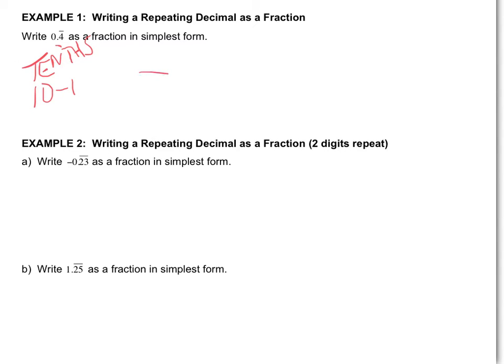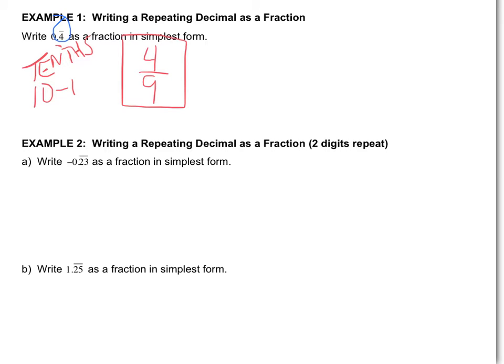So that's going to make my denominator a 9. Now the repeating part, which is under the repeating bar, in this case is just the 4. So 4 is my numerator. And then I look to see if there's a common factor in both 4 and 9. Well, there isn't. That means that 0.4 repeating is 4/9.